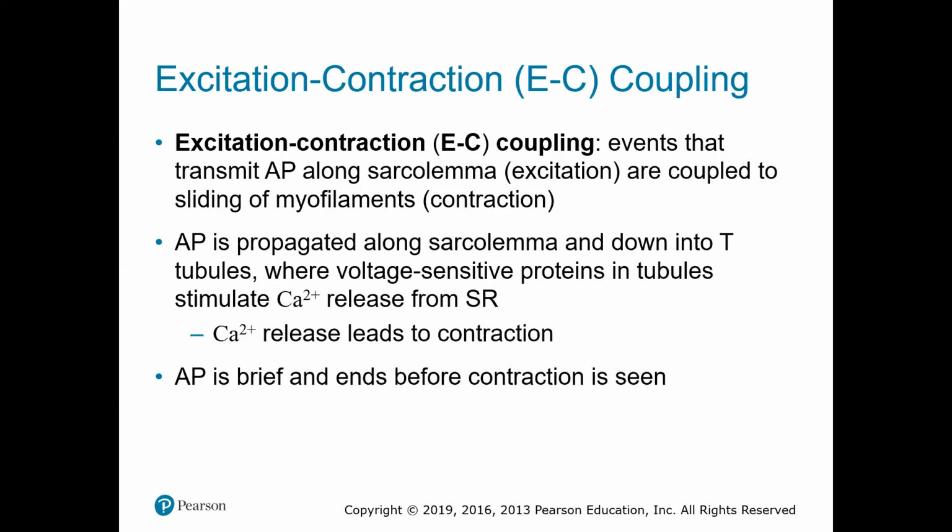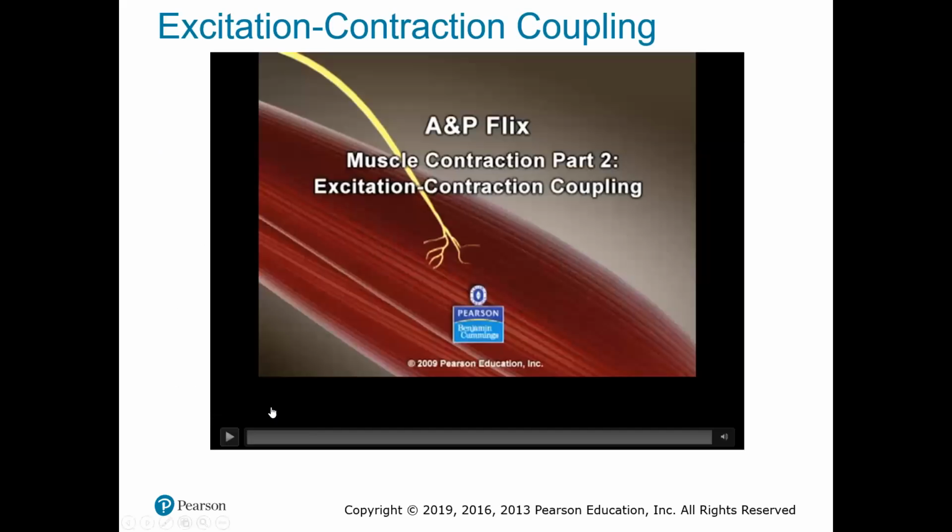So everything we've done to this point, the action potential coming down the nerve, the release of acetylcholine, the opening up of the sodium channels on the motor end plate, the localized depolarization, hitting the threshold, depolarizing the muscle cell itself, all that has gotten us to this point where we can release calcium. Because calcium is what we need to have a contraction. So we've done all that just to release the calcium from the sarcoplasmic reticulum.